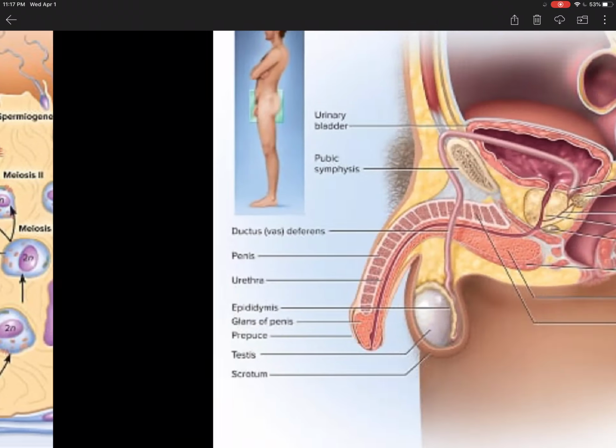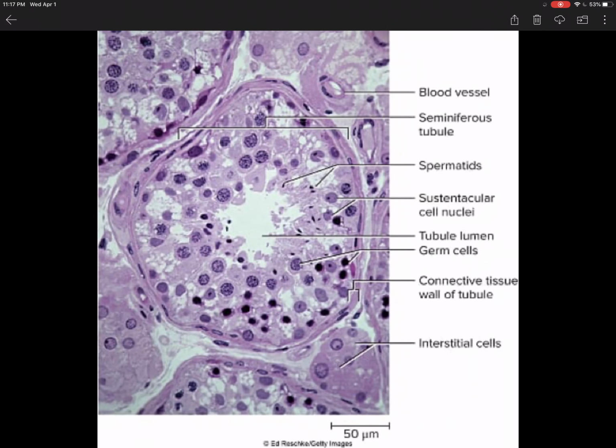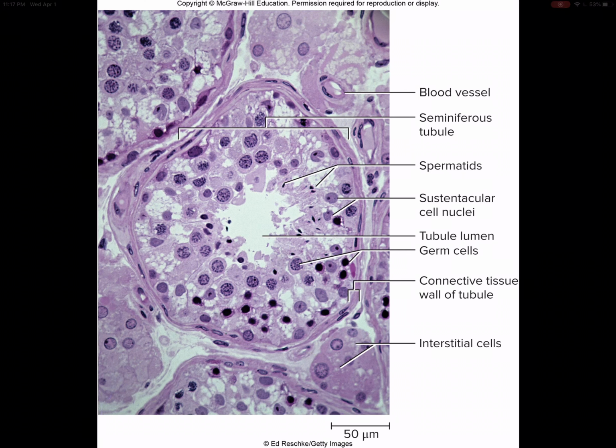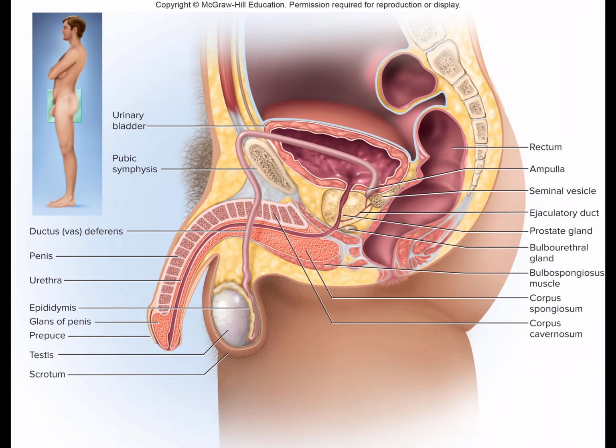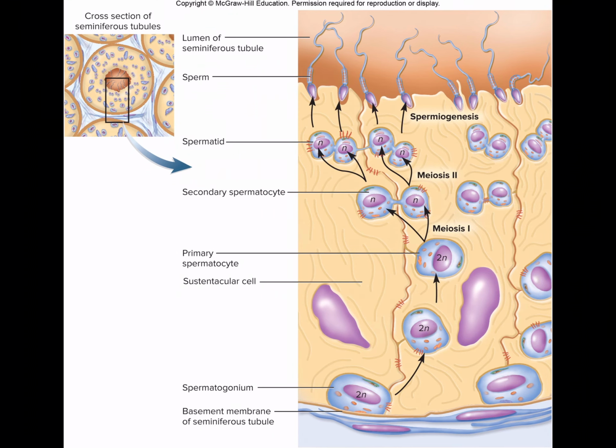Let's see if we've got the slide handy right here. This is the inside of a seminiferous tubule. This is a cross-cut section. Looking around the outside, you can see some more connective tissue, and then you're going to see these sperm, and there's a really good picture that breaks this down. Inside of there, you can see there's a spermatogonium on the outside.